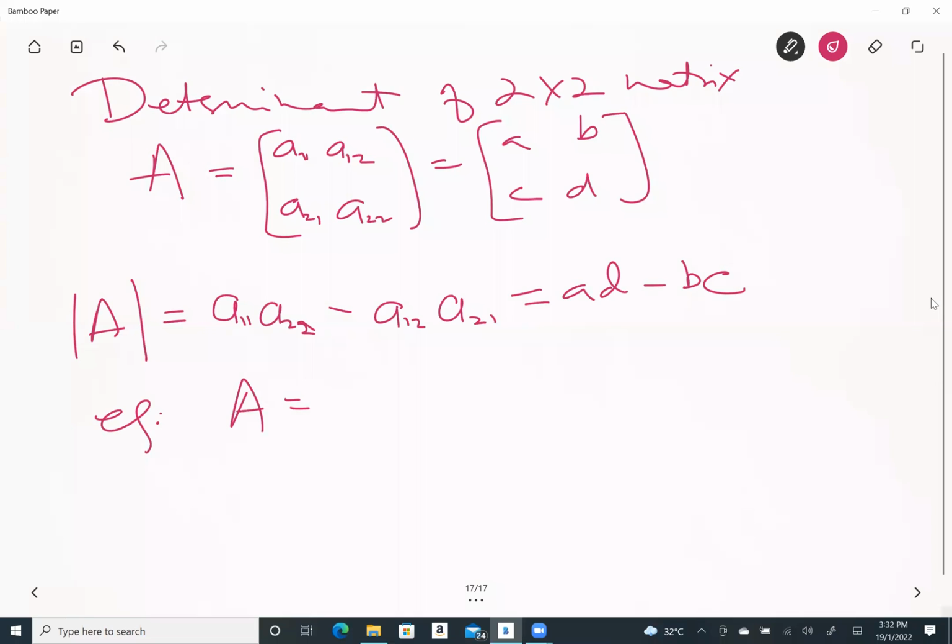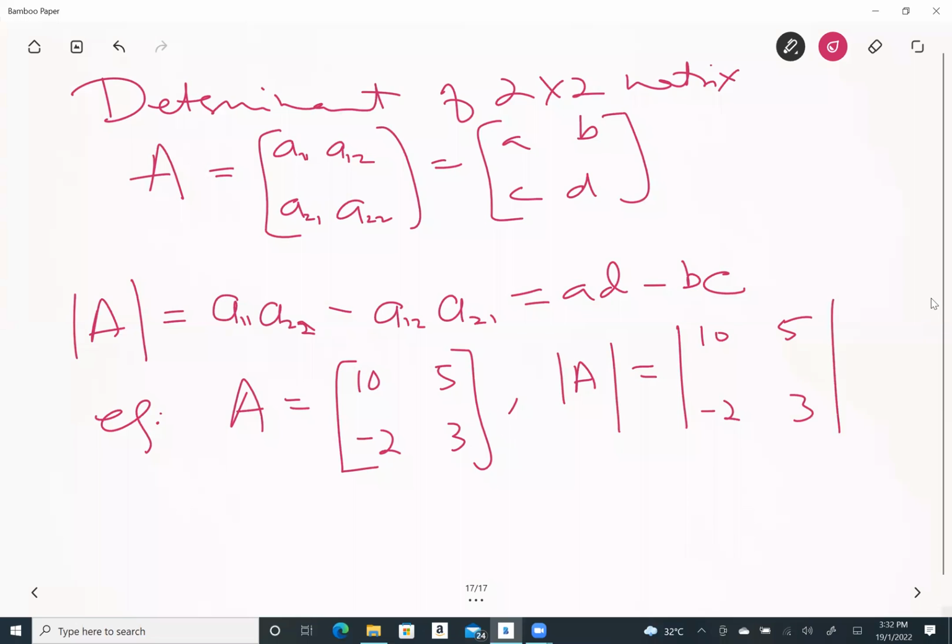Example, if I have a 2x2 matrix, 10, 5, negative 2, 3. What is the determinant of A? So the determinant of A, we write it as, that's the notation, 10, 5, negative 2, 3 between vertical bars. So that is a simple notation for determinant. And what is it equal to? We look at the formula.